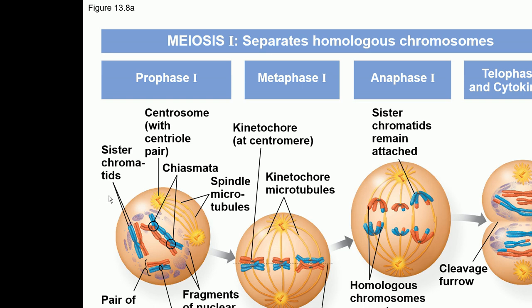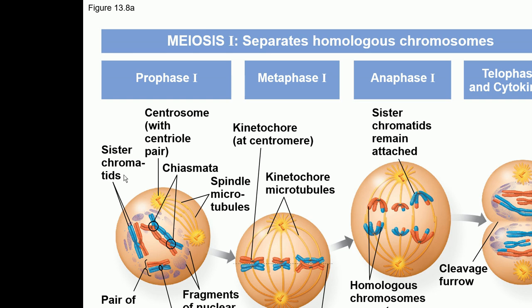The chromosomes start pairing up. Every chromosome goes and looks for its partner. You can see this pair is formed, this pair is formed, this pair is also formed. In every pair, one chromosome is maternal, another chromosome is paternal. And you can see that these chromosomes are duplicated.